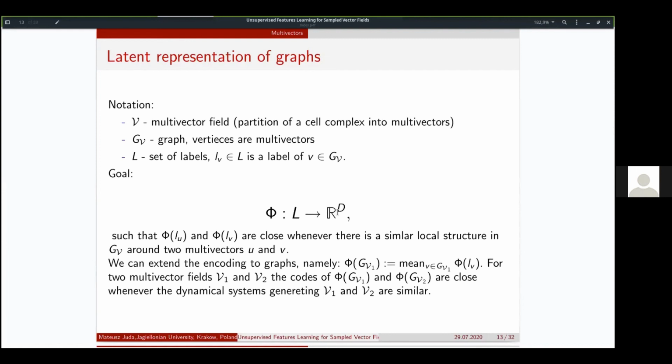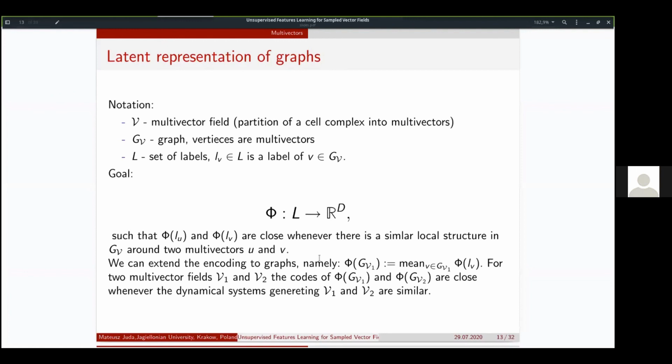What kind of information would we like to have from this graph? We would like to say that whenever two labels have similar embeddings, similar values in this R^D space, then there is some similarity in the local structure in the graph around those two multivectors U and V. And we would like to extend this encoding to the whole graph, namely whenever two graphs are similar in terms of their dynamics, in terms of the multivector field which generates the graph, we would like to have the mapping also close.